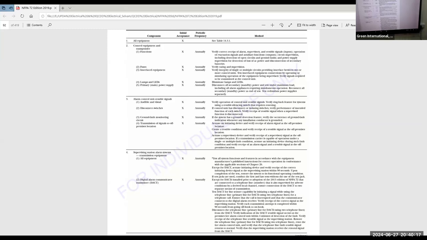In the table, just refer to the testing, serial number 4, serial number 2, 4, 2. The 4, 4, 2 digital alarm communicator. So first we read it. What is the first question?